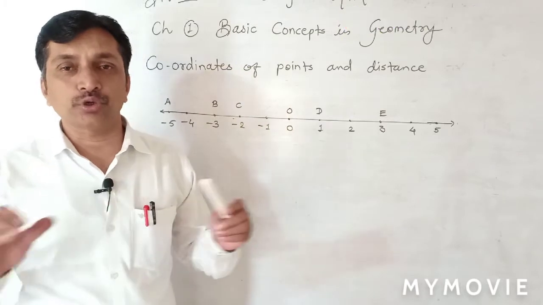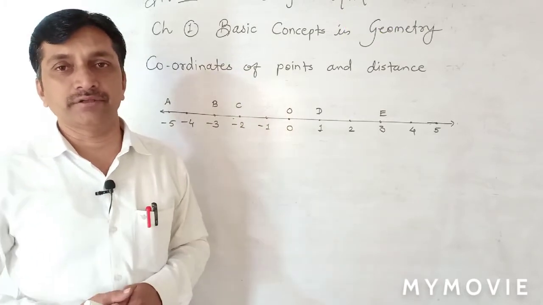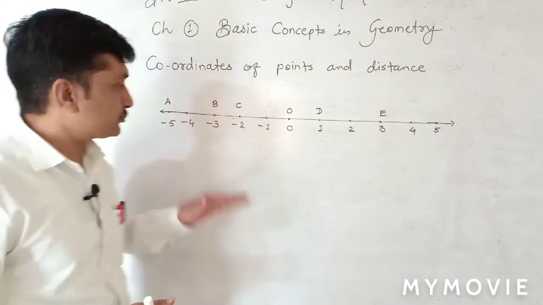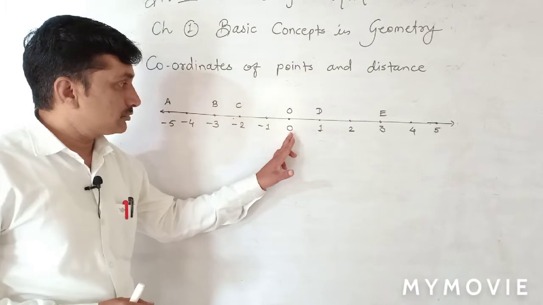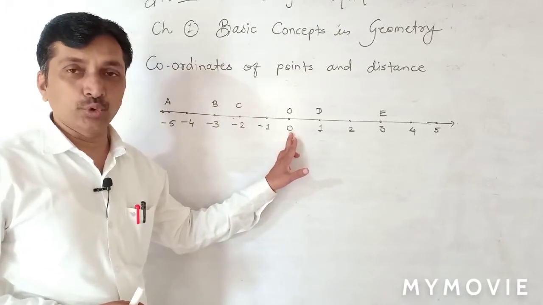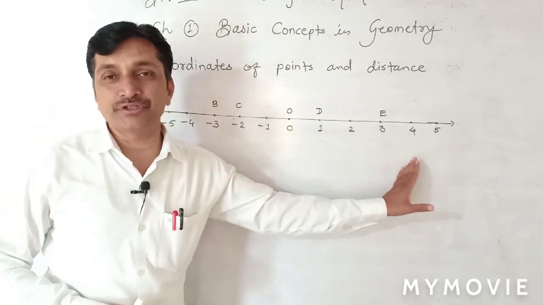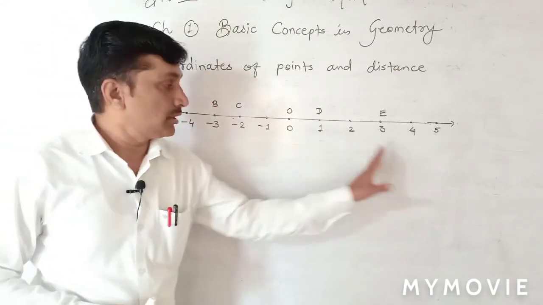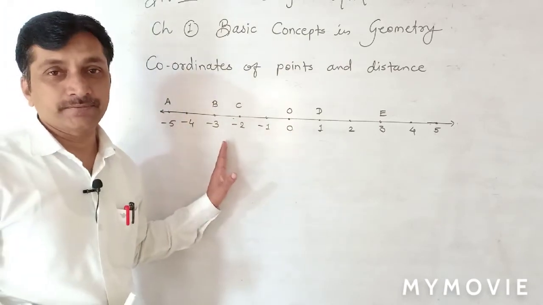We know how to draw integers on a number line. Now here you see, one number line is drawn, and we start from 0, this is the origin of the line. On the right side we write positive integers, and to the left of 0 we write negative integers.